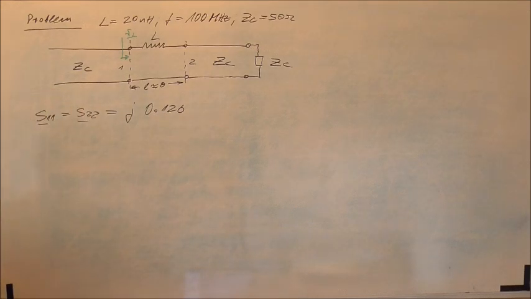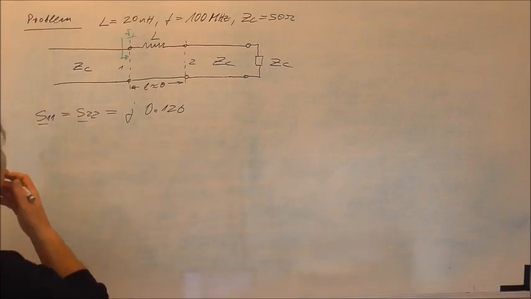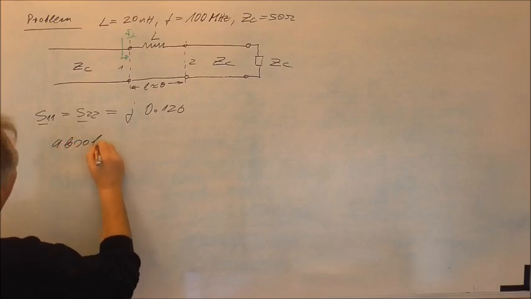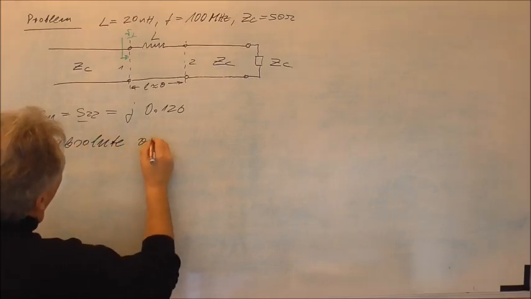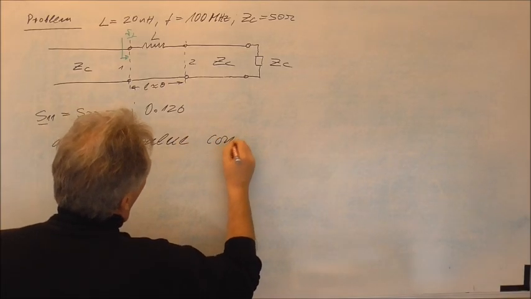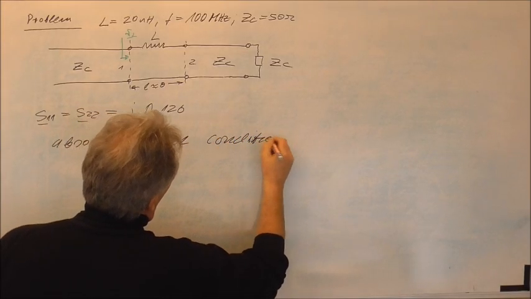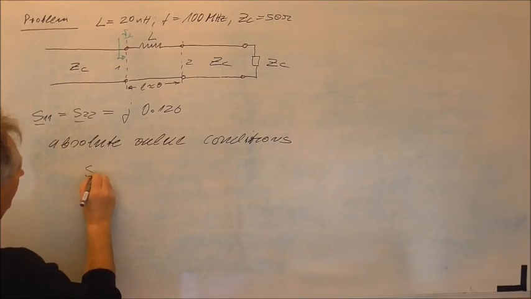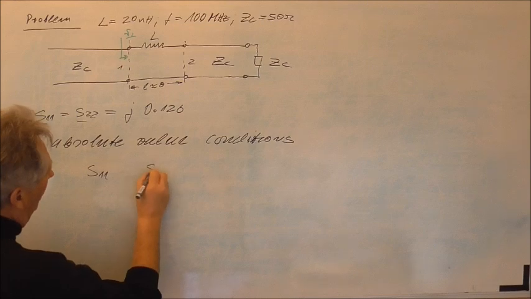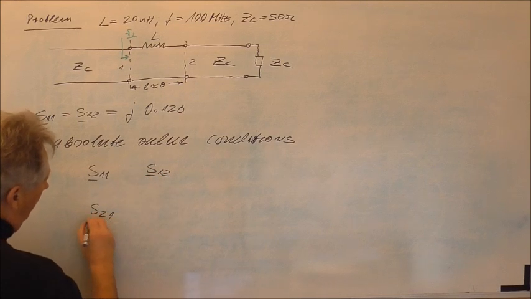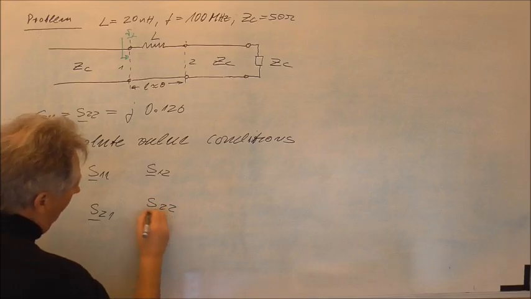For example, the absolute value condition. If I have a two-port, I can write it like this, as 1,1, 1,2, 2,1, 2,2.